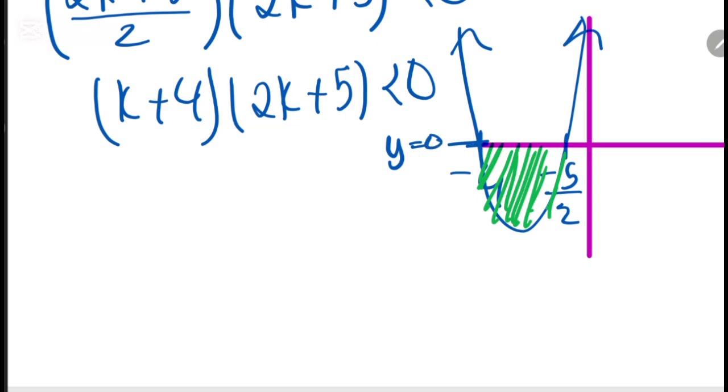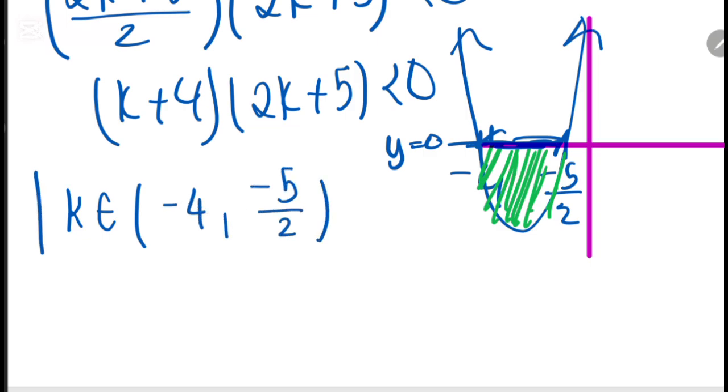Okay, so since it's between the roots, the shaded area, we can say that k is an element of the interval from negative 4 to negative 5 over 2.